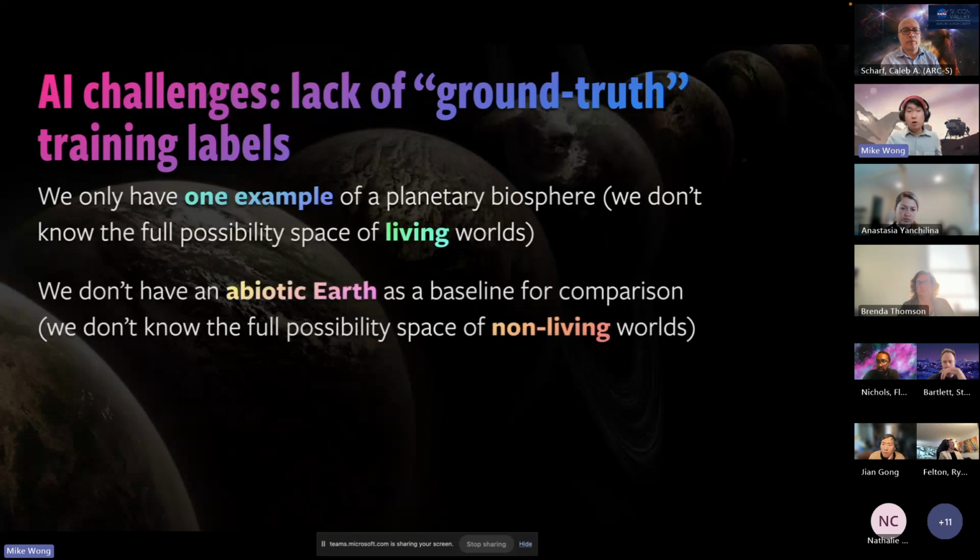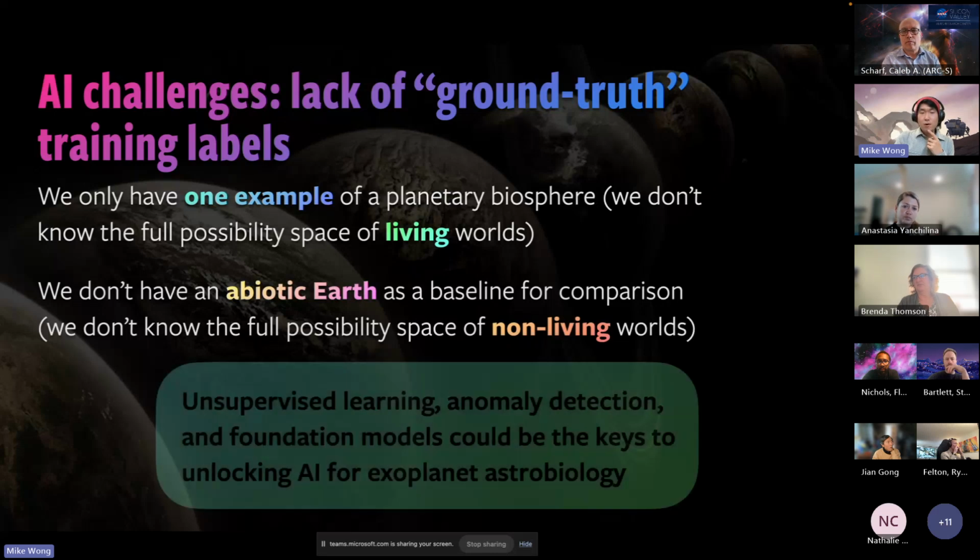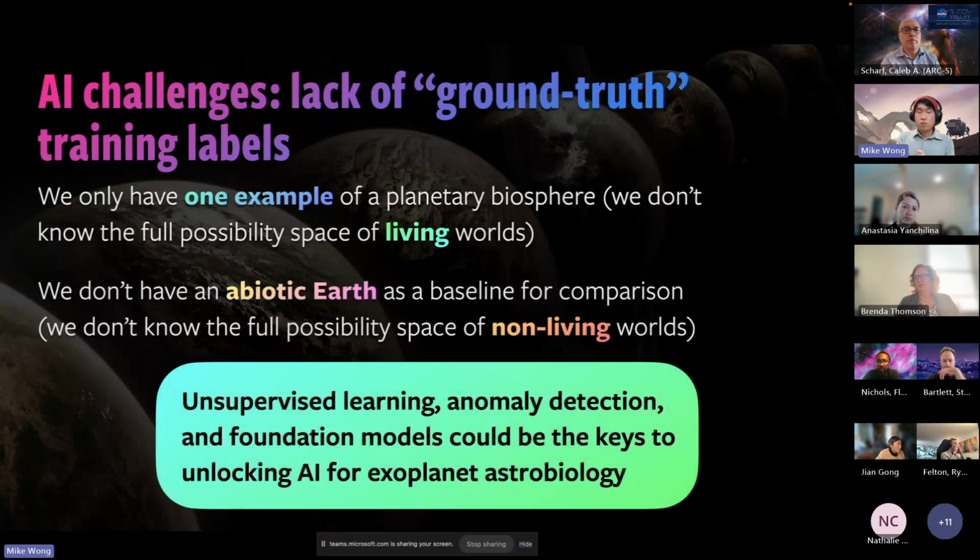At the same time, we don't have an abiotic Earth as a baseline for comparison. So that means that we don't know the full possibility space for non-living worlds either. And so that's why I think that unsupervised learning, anomaly detection, and maybe also some foundation models could be the keys to really unlocking AI for exoplanet astrobiology.